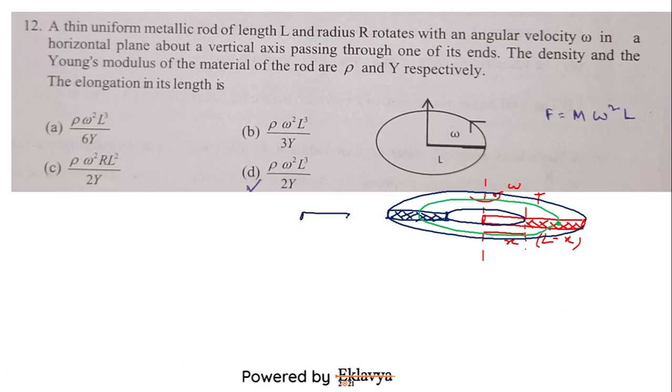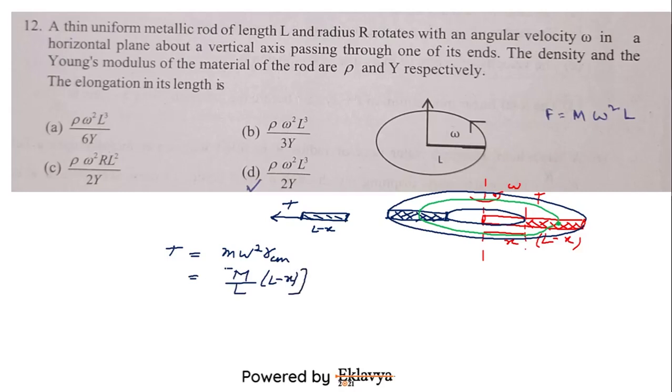So this segment of the rod has length of L minus x, and it is being acted upon by tension, and because of this tension it is going in a circle. So I'm going to write T is equal to m omega squared into r, but m we are going to use as the mass of this segment only, r we are going to use as the radius of the circle in which the center of mass is moving. So m will be written as mass upon length into L minus x.